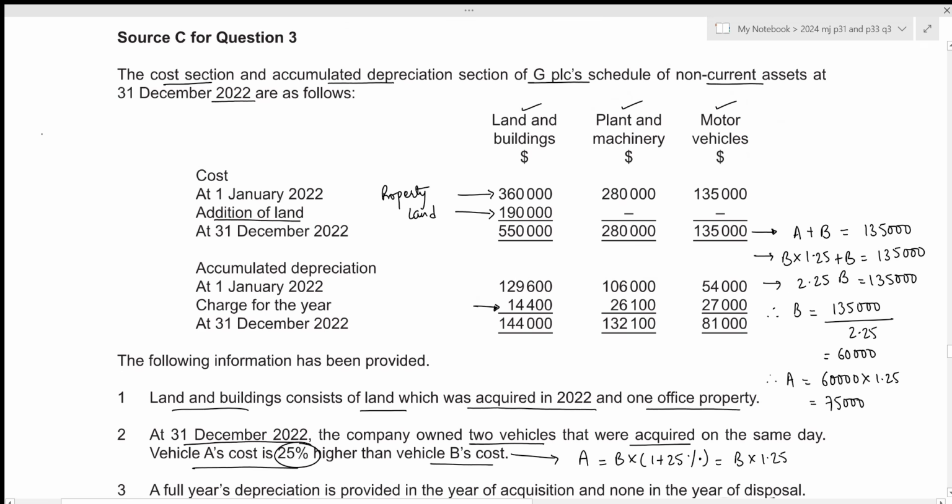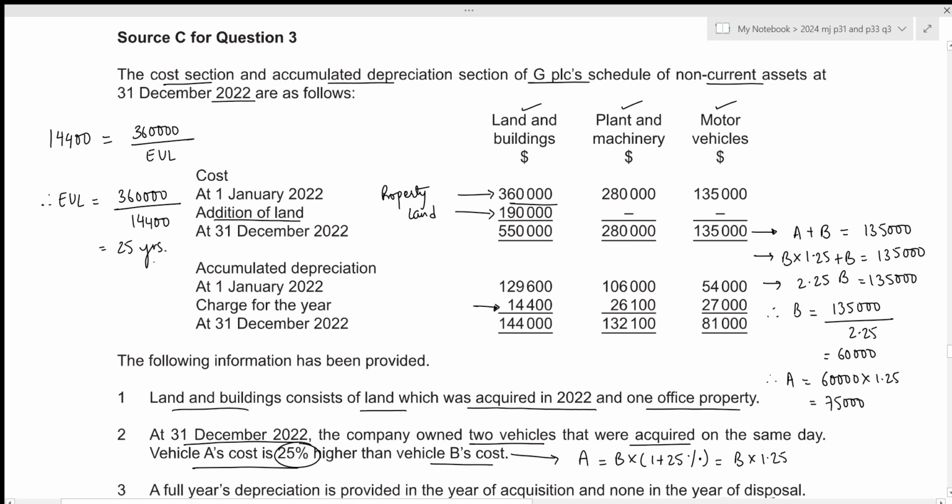So this 14,400 should be equal to the cost of the building or the property, which is 360,000, divided by the estimated useful life. Now, previously, the estimated useful life used to be 360,000 divided by 14,400, which results in 25 years.